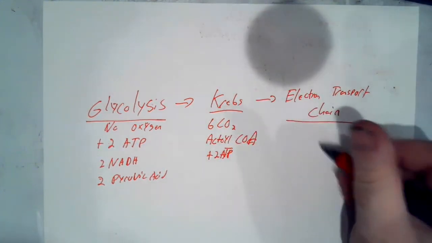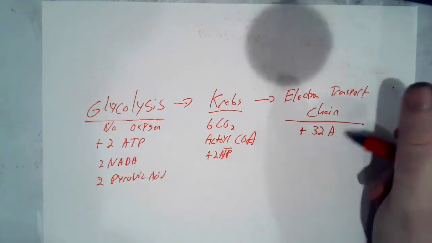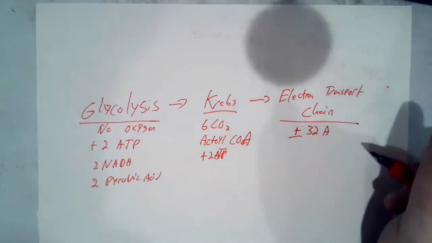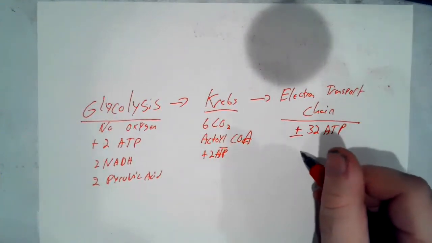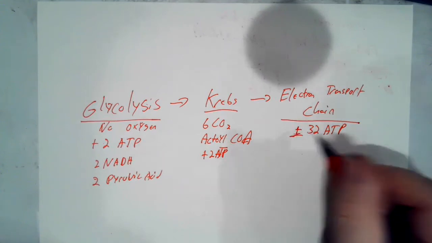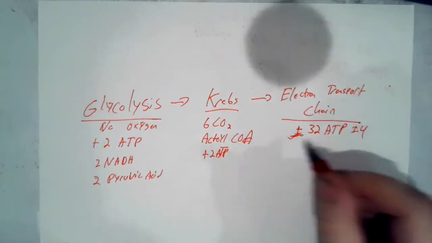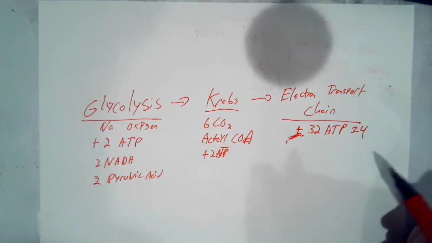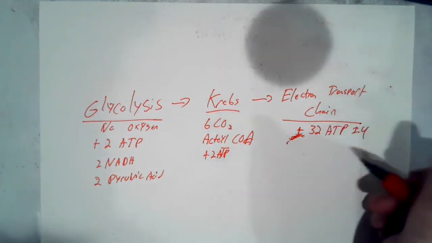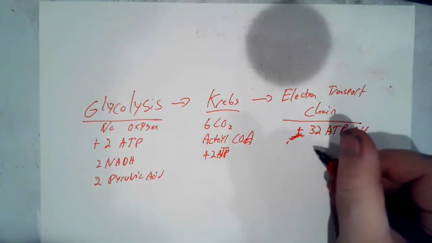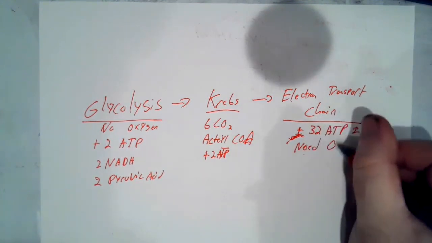The electron transport chain makes about 32 ATPs, plus or minus a couple. Yeah, sorry, it makes 32 ATPs, plus, we'll just say plus or minus 4. It's about right. Your book will say, I think 32 or 28, I forget, but it just depends on who you talk to. It does require oxygen, needs oxygen, so I'm just going to write needs O2.